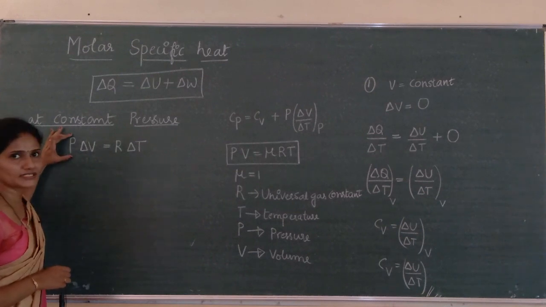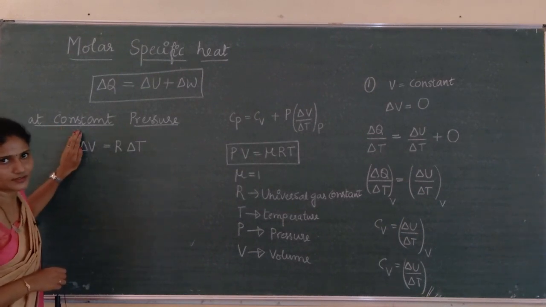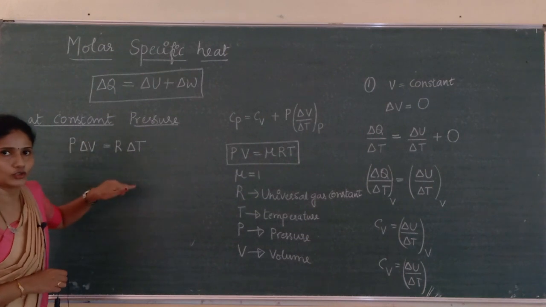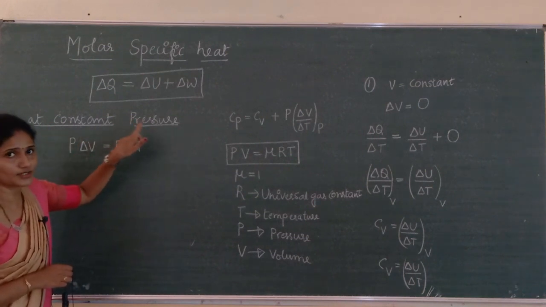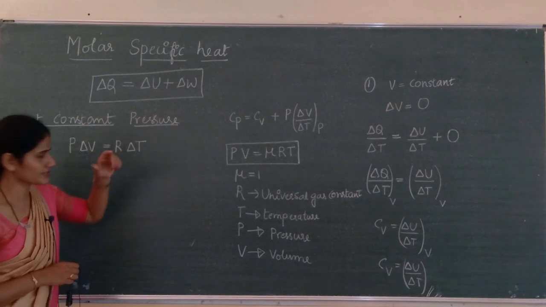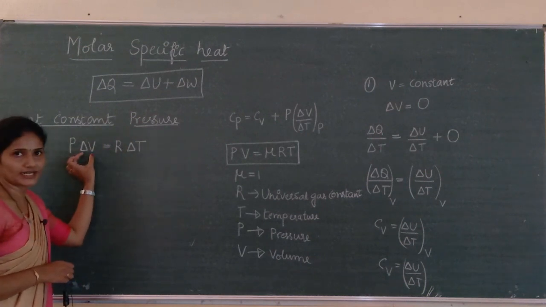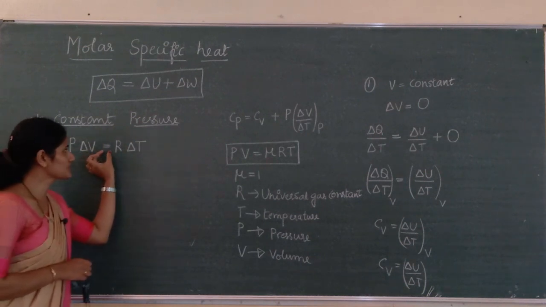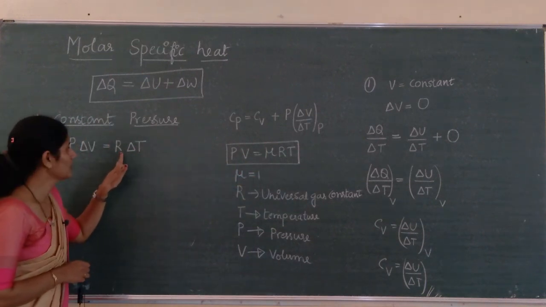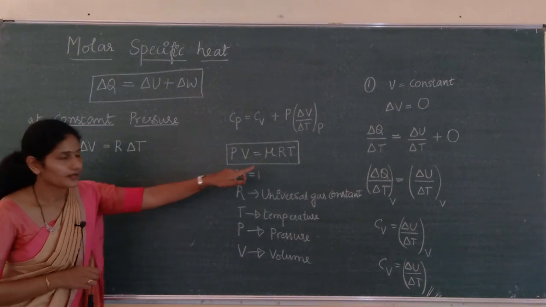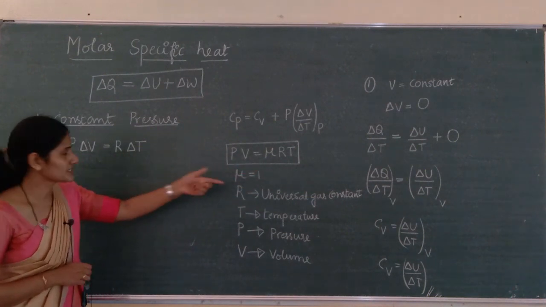So, P is the pressure which is constant, V is the volume. Under second process or at constant pressure, volume changes. So, delta V indicates the change in volume is equal to mu is 1 into R is constant, T is the rise in temperature.